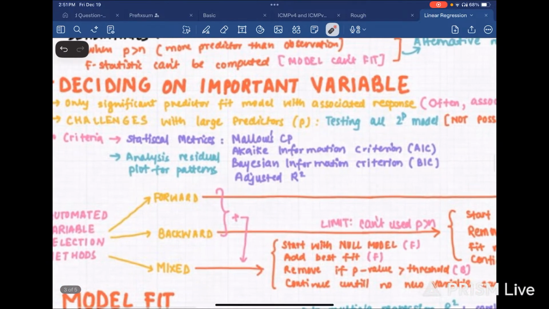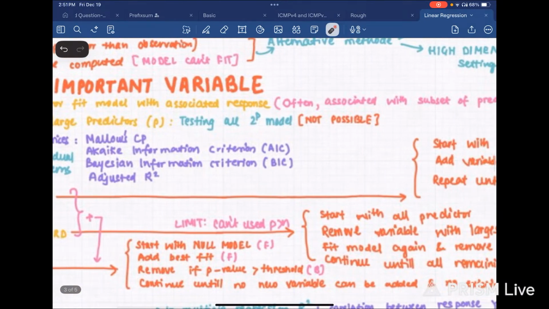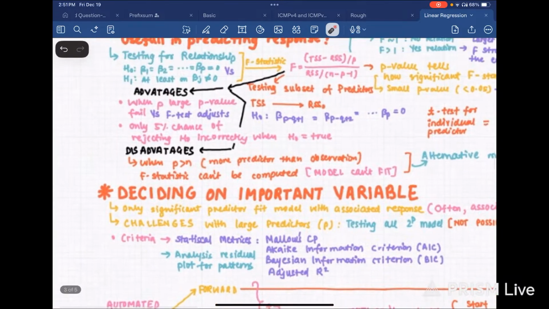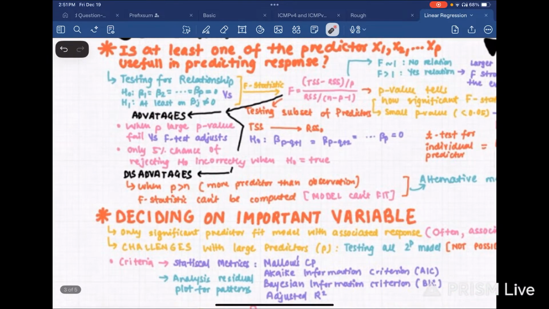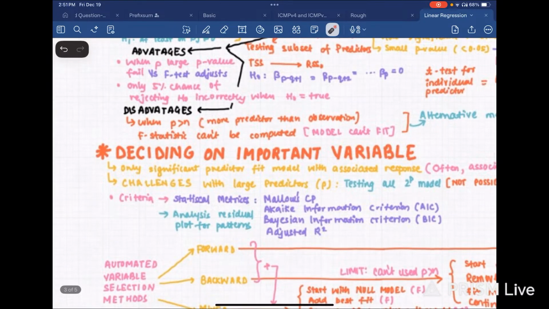Only significant predictors should be fit in the model, as the response is often associated with only a subset of predictors. What this actually means is that only significant predictors fit the model with the associated response.